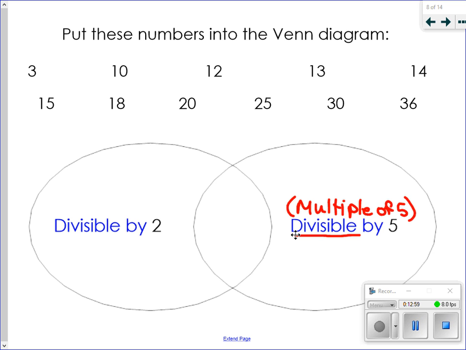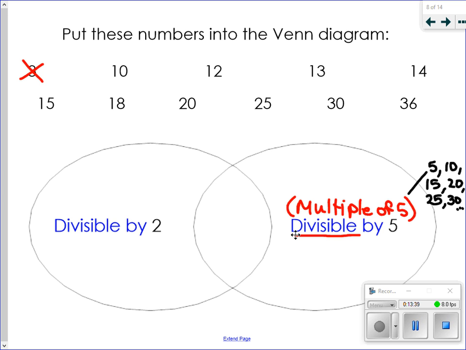Let's think of multiples of 5. Skip counting by 5: 5, 10, 15, 20, 25, 30, and on and on and on. What do you notice that those numbers all end with? 5s or zeros, right? For a number to be divisible by 5, it's a multiple of 5. It will end with a 5 or a 0. So does 3? No, 3 doesn't belong in either of those circles.